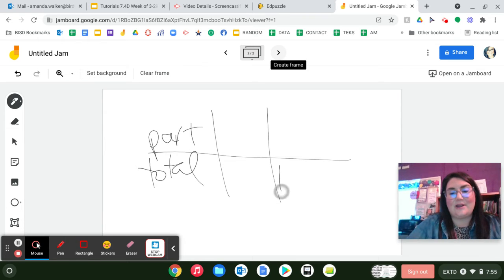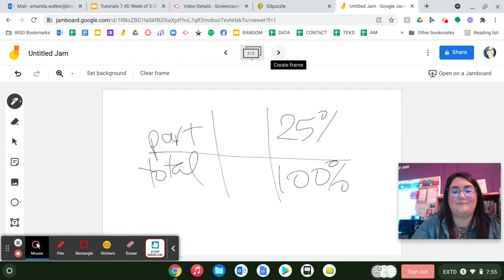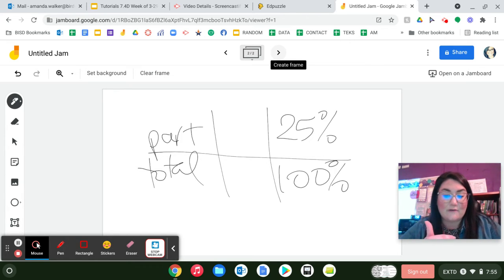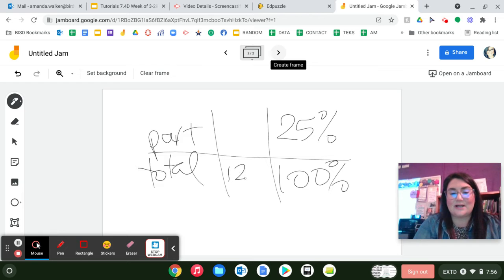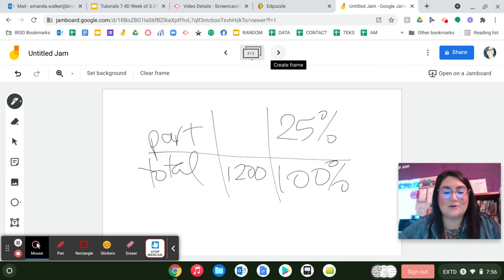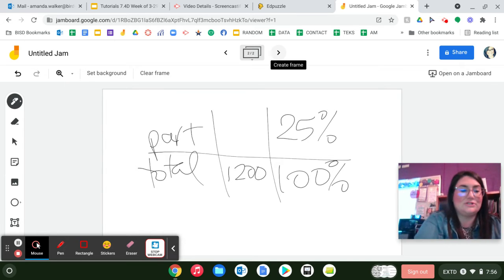We know that in a percent, 100% is the total. Our part of our percent would be 25%. Now, we know that there are 1,200 pennies. Is that our part of how many pennies we have, or is that our total? If you guess total, you're correct. 1,200 is our total.